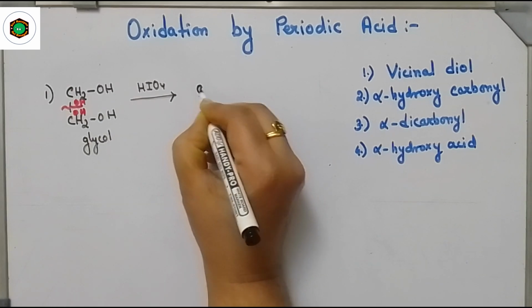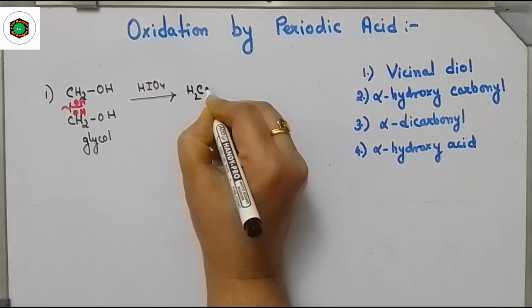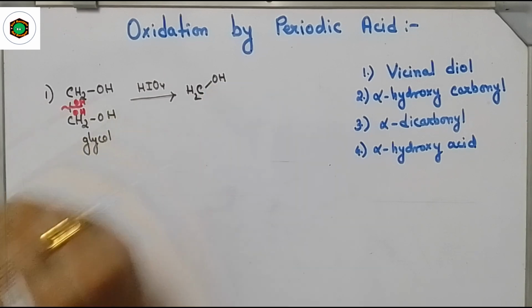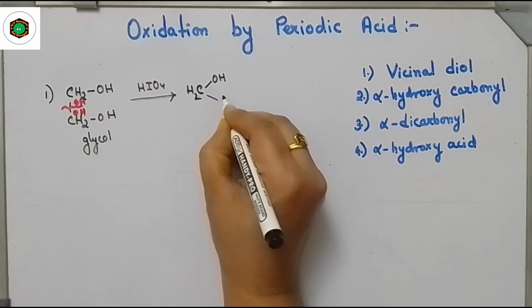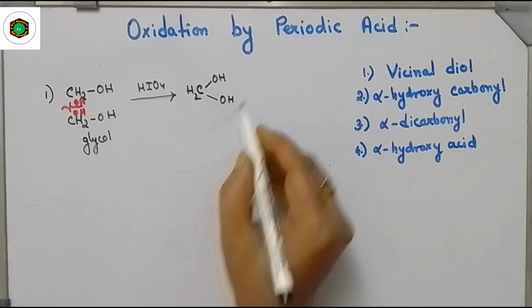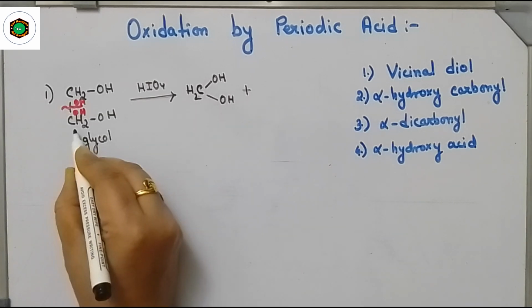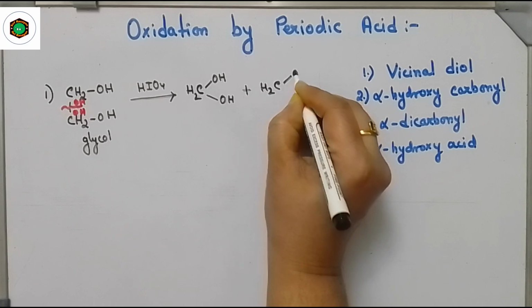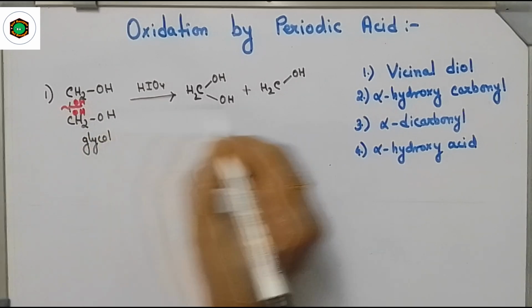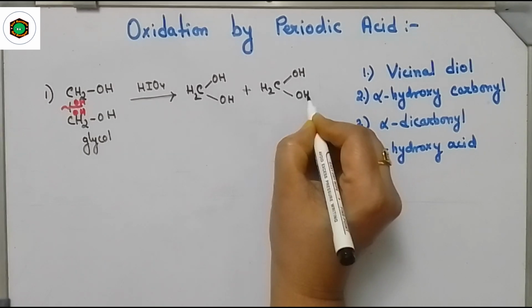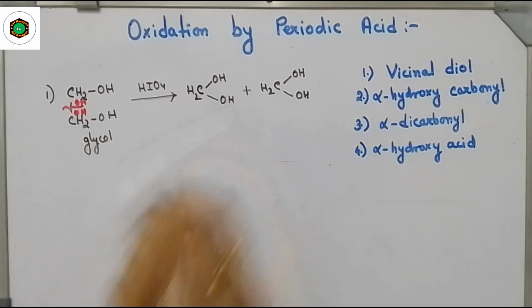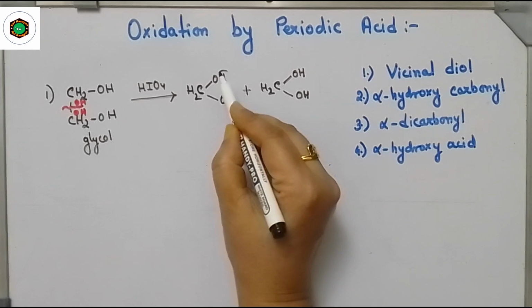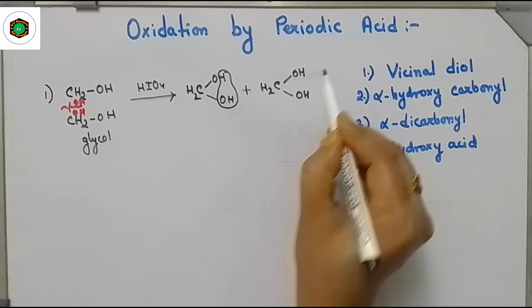In place of that, we are having CH2 with this carbon. Already one OH is there and another OH you have to add. Plus here also the same thing, CH2 with this carbon, already one OH is there and another OH we have to attach. We know with the same carbon two OH groups are not stable. So what will happen? Removal of water takes place.